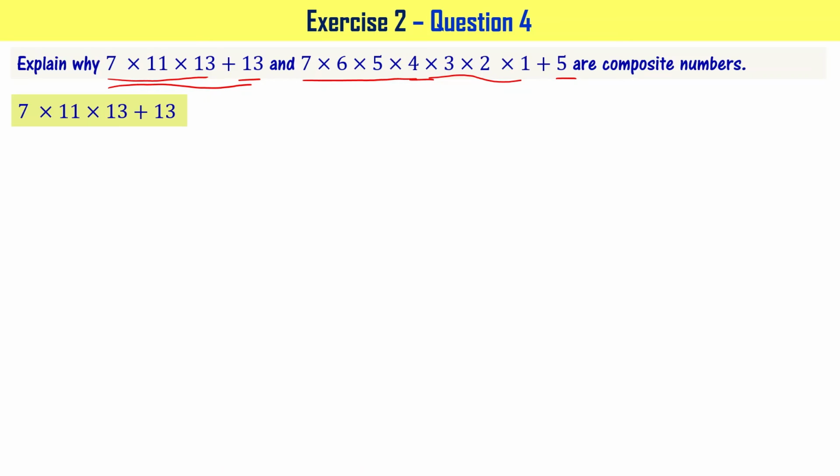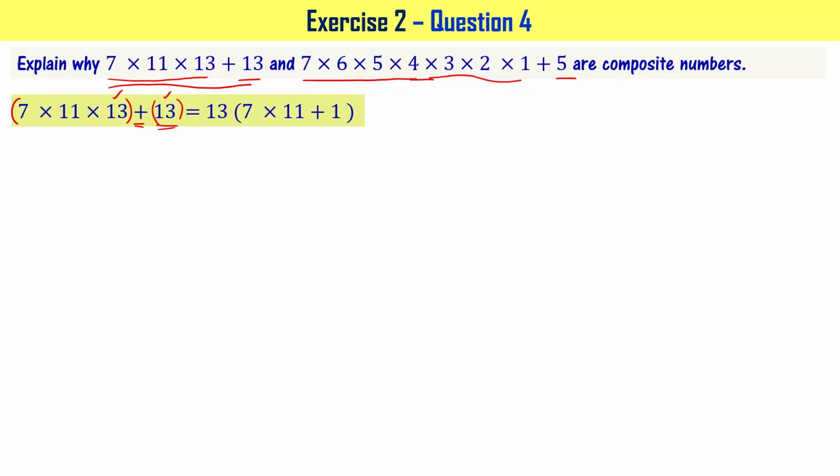Look at this number. This particular part is one number and this is another number, right? 7 times 11 times 13, when you multiply, you get a number that is added to the number 13, right? You have a plus sign. When you look at this number, what you can say is, I can take the number 13 out as a common factor, right?